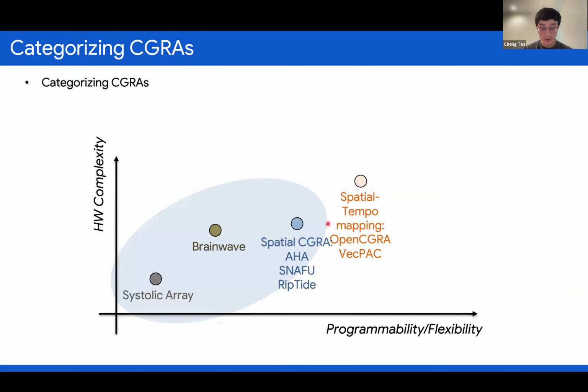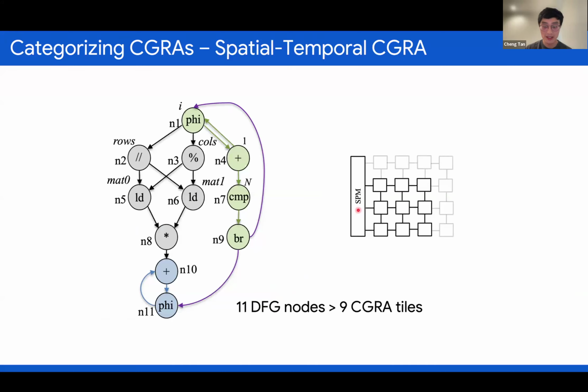So this motivates the spatial temporal CGRA, where we expand the architecture in the time domain. This example shows how we perform the acceleration on the spatial temporal CGRA. Same kernel with 11 DFG nodes, and the given CGRA has only 9 tiles.